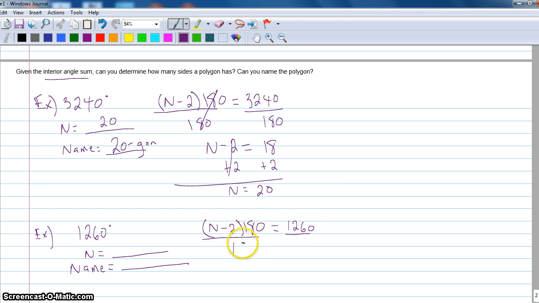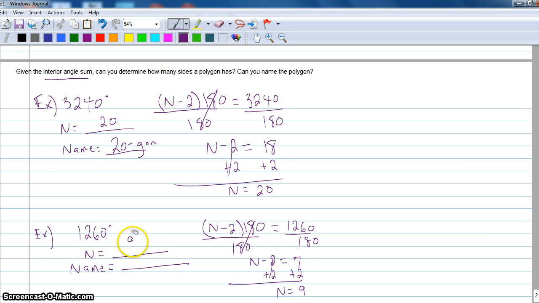Divide by 180 because you're looking for n. And 1,260 divided by 180 is 7. Now, I'm going to say it now, even though someone's going to get it wrong eventually. The answer is not 7. Don't put 7 over here, people. It happens all the time in my previous years. Don't forget you need to add the 2. So n is 7 plus 2, which is 9.